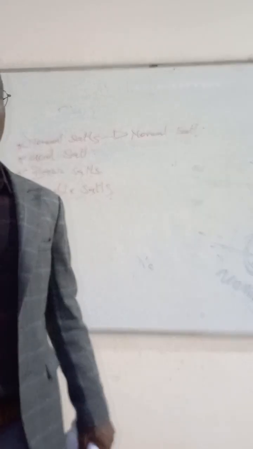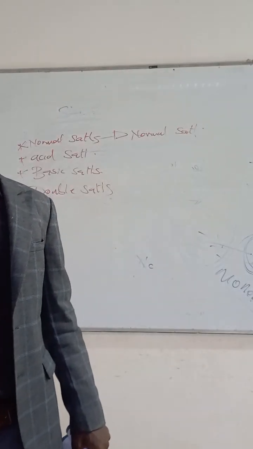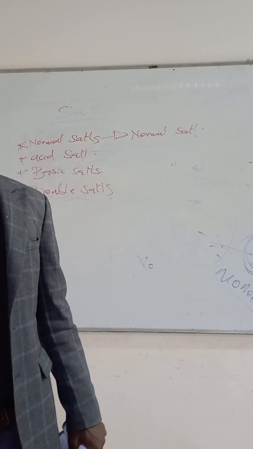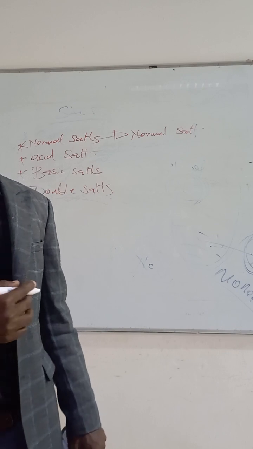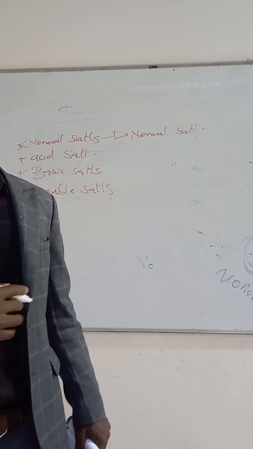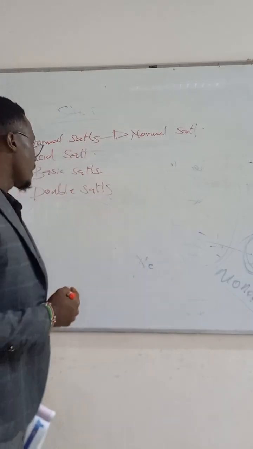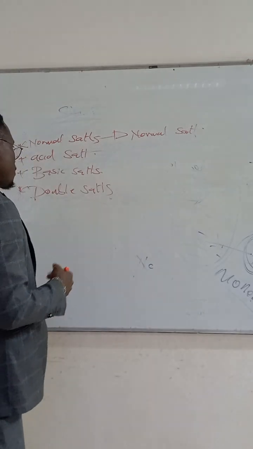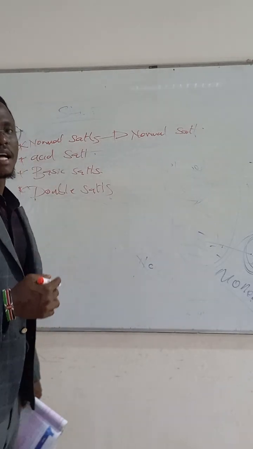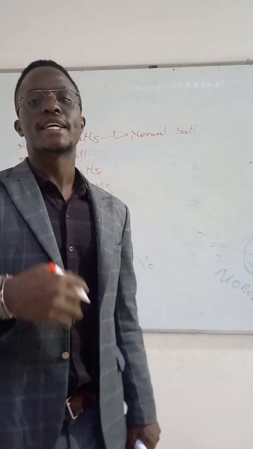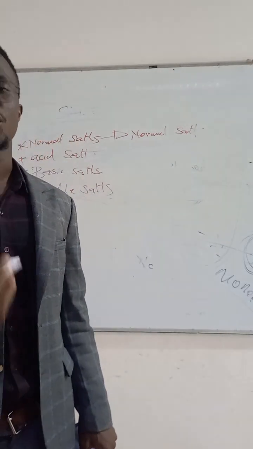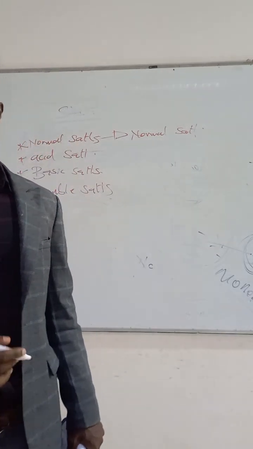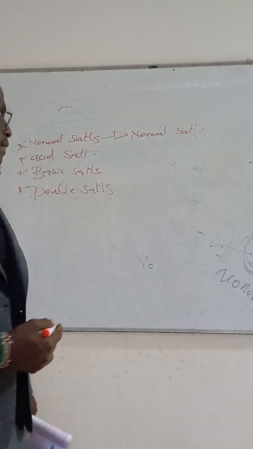It means the hydrogen atoms have not been wholly replaced, just partially replaced by a positive ion. What about basic salts? These are salts that contain the hydroxide ion, the OH group, which I'll talk about more in my next class.